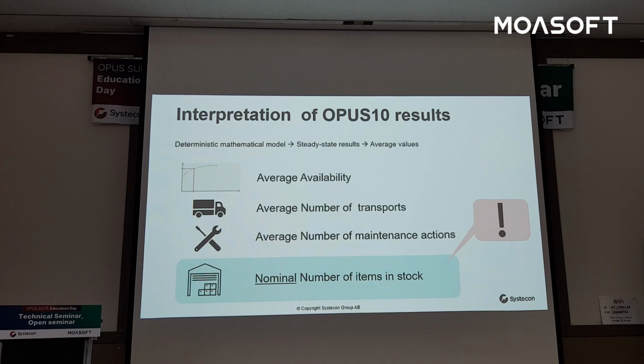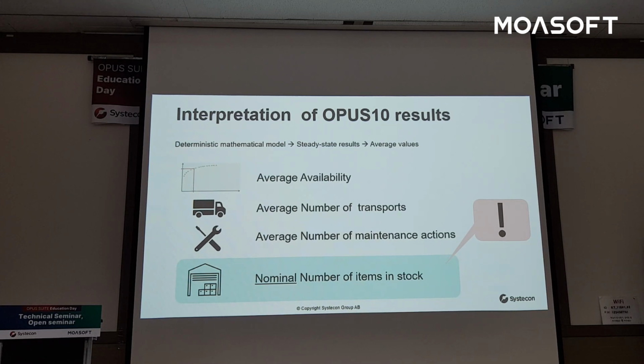And also the stock sizes that are suggested, those are the nominal number of items in stock. It doesn't mean that we have that number of items in stock all the time. If Opus 10 suggests us to have 5 items in the stock, that stock size in reality will vary a lot over time.